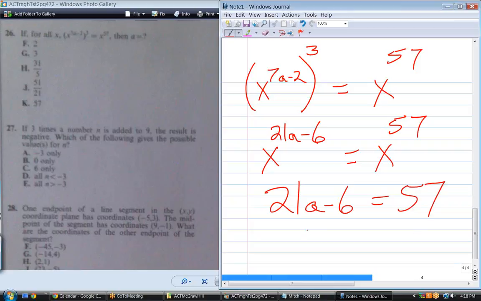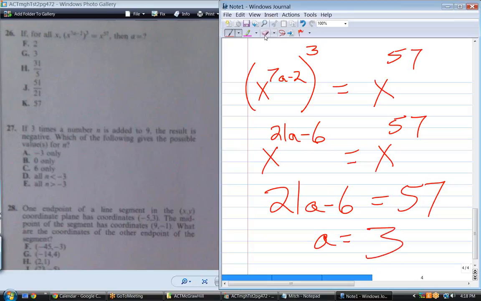Now solve for a. Add 6 to both sides. 63 over 21, which is 3.